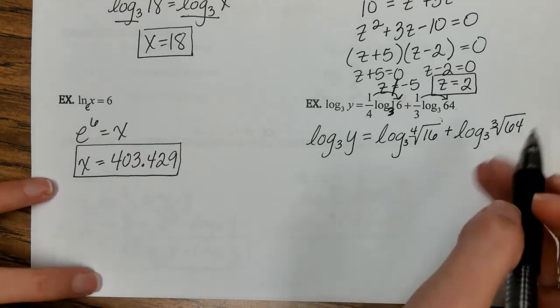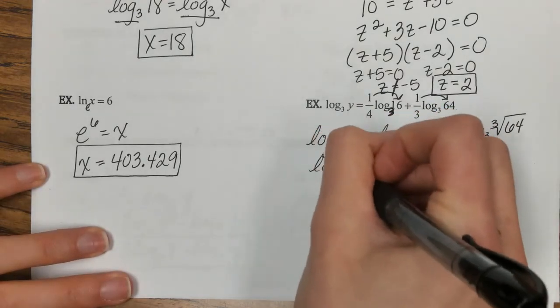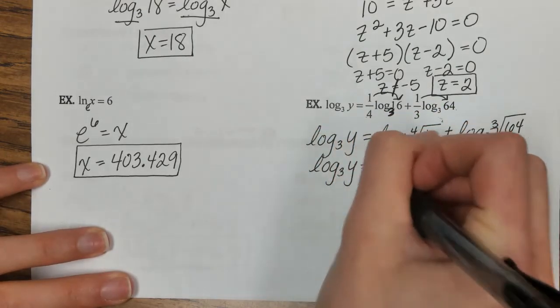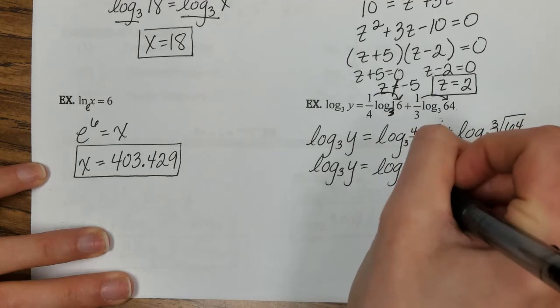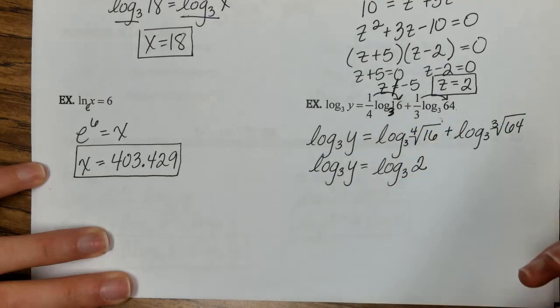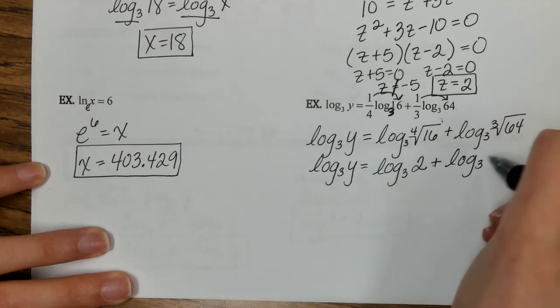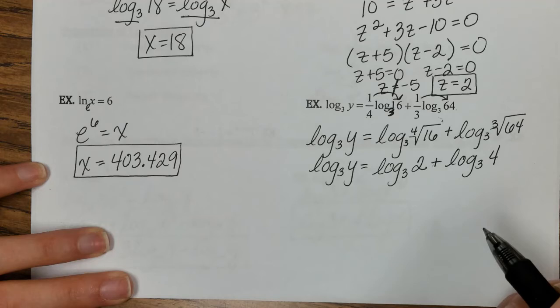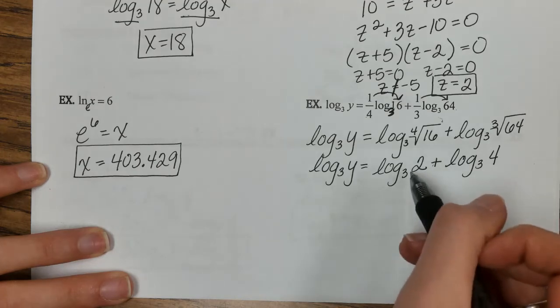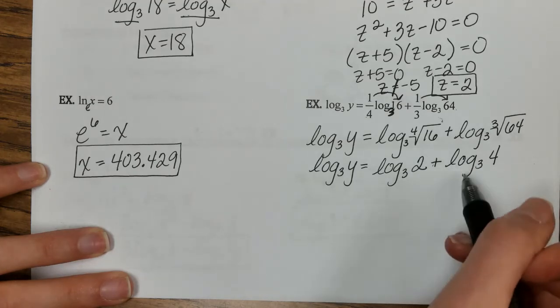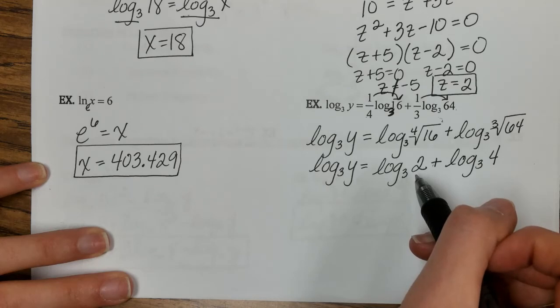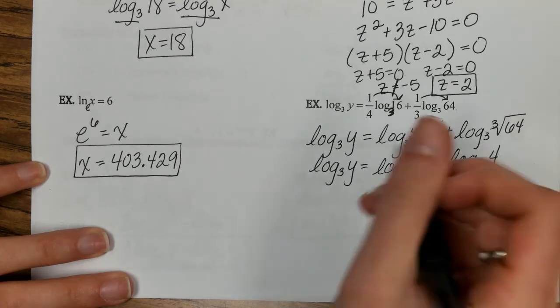So then the 4th root of 16 and then the cube root of 64. Okay. So this right side of my equation, I've got log base 3 of 2 plus log base 3 of 4. What am I doing there?